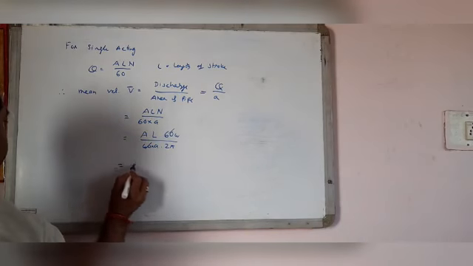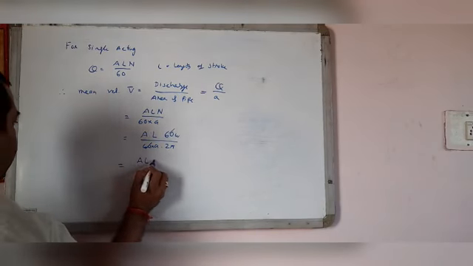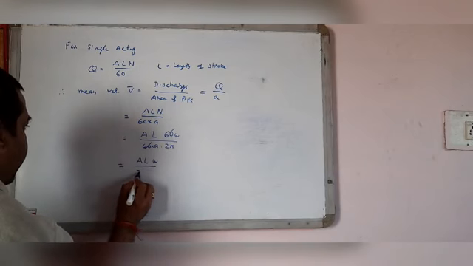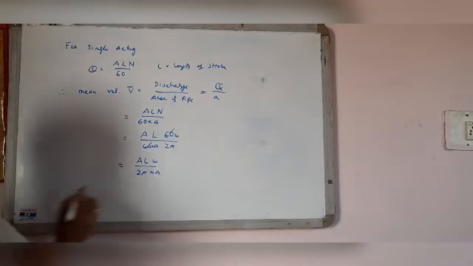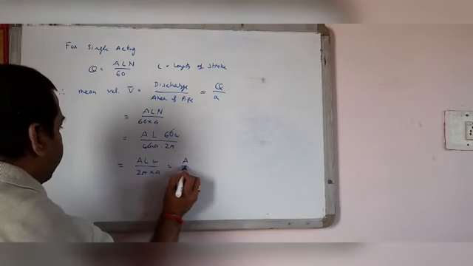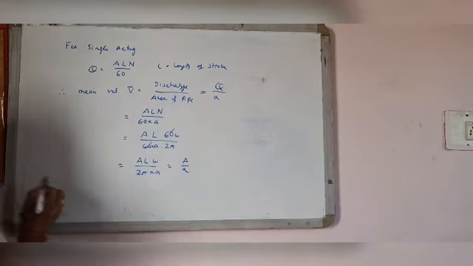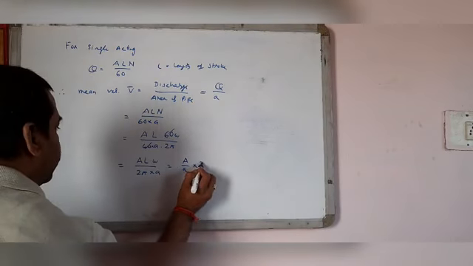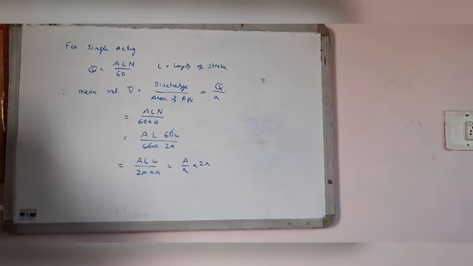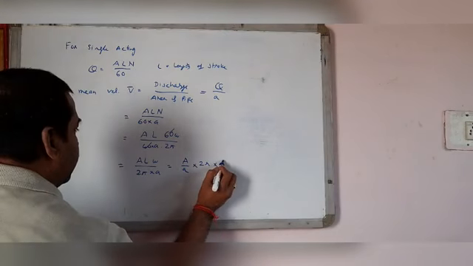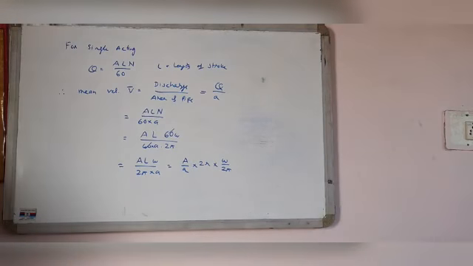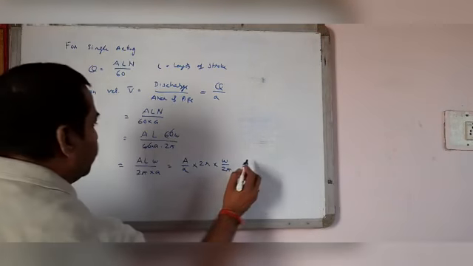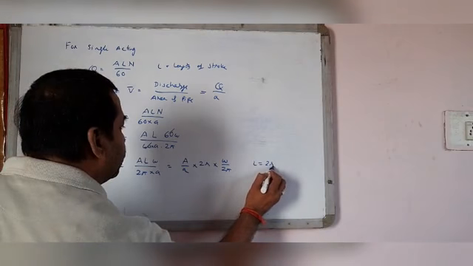So this is equal to A L omega by 2 pi A, or it can be written as A by A into 2R into omega by 2 pi, because L equal to 2R.